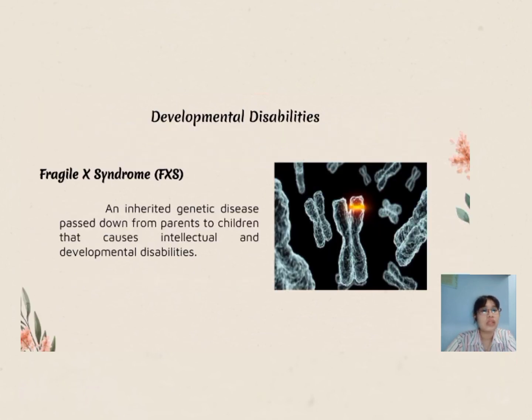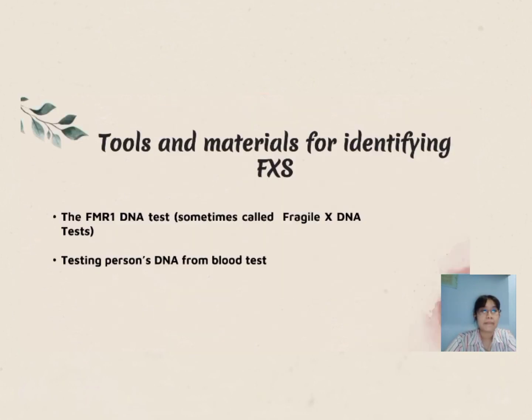The next is the FXS or the Fragile X syndrome, an inherited genetic disease passed down from the parents to children that cause intellectual and developmental disabilities. Tools and materials for identifying FXS is the FMR1 DNA test, sometimes called the Fragile X DNA test.